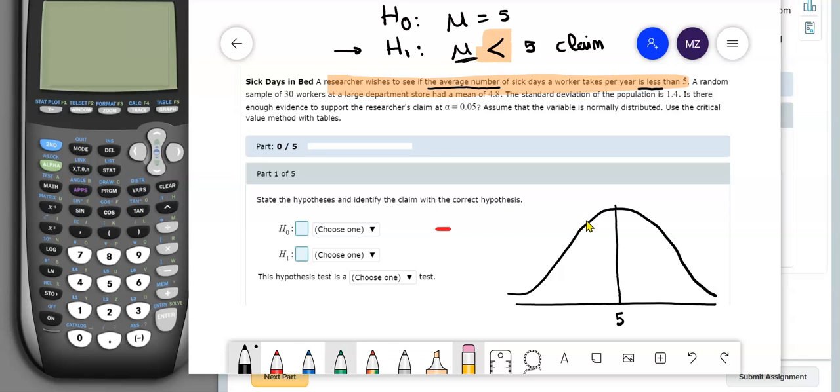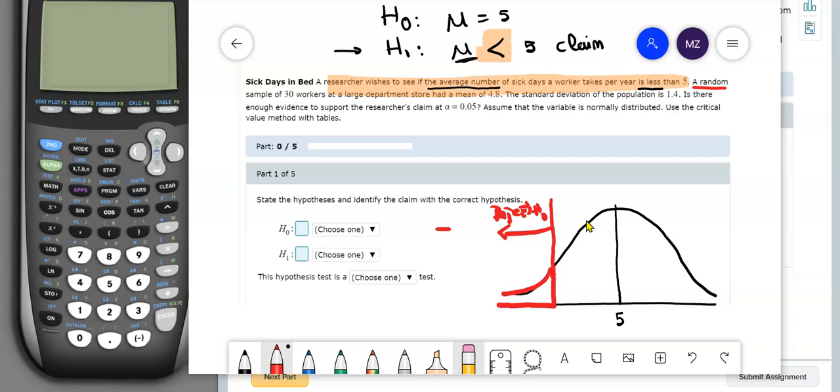It means this is the tail of separation. This is where you're going to have your rejection zone, where you're going to be rejecting H0. So now let's keep reading.